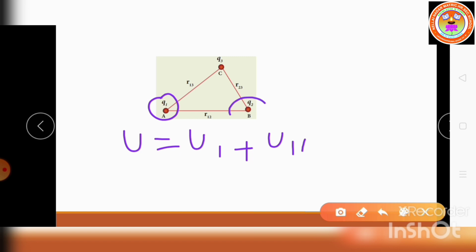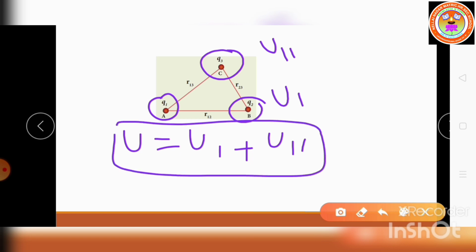If I bring in the second charge, the energy is U1. Now we bring the third charge Q3, and that time the energy is U2. So for calculating the total electrostatic energy, we add the values, and we get U equal to U1 plus U2.